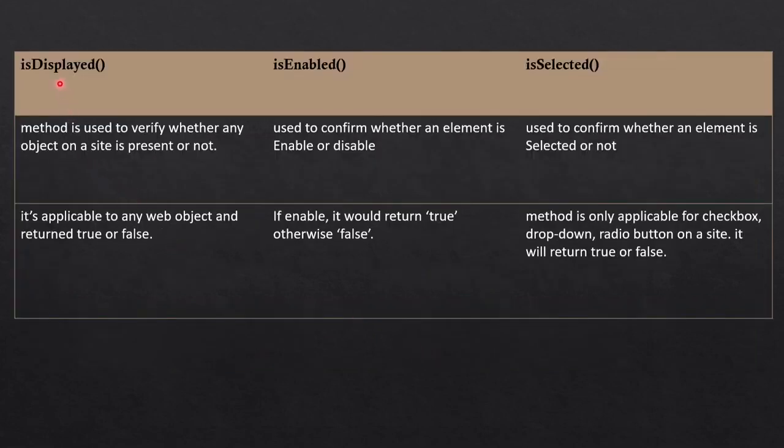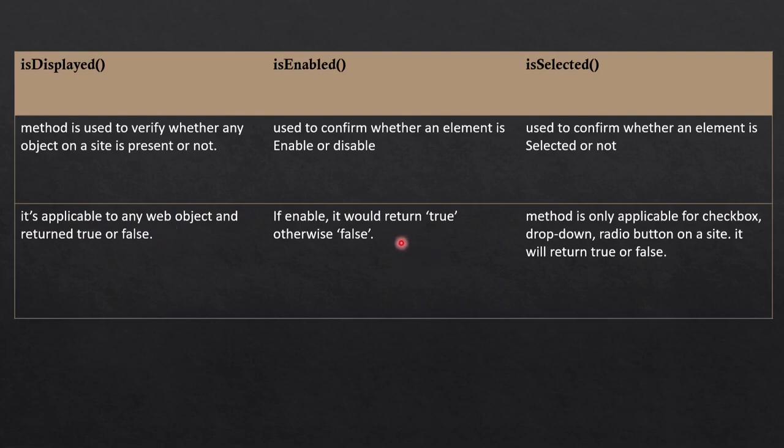Next, what is the difference between isDisplayed, isEnabled and isSelected? Now the isDisplayed method is used to verify whether an element is present on the site or not. As I've shown, the login button was present on the web page, so it displayed true. isEnabled is used to confirm whether an element is enabled or disabled, whereas isSelected is used to confirm whether an element is selected or not. isEnabled is applicable to all the web objects present on the web page, and it returns true or false.